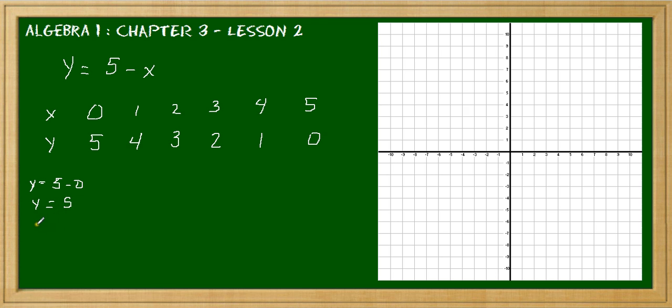And then you would have written y is equal to 5 minus 1, and y is equal to 4, and so on and so forth. Now, I'm not really trying to show you how to subtract simple numbers, so I'm not asking you to show your work here. I will assume that you can do some simple subtraction.